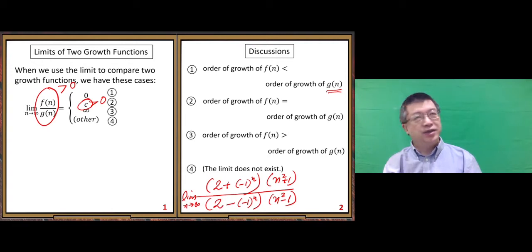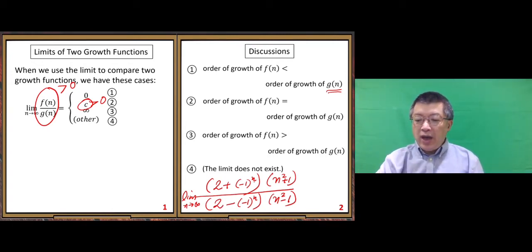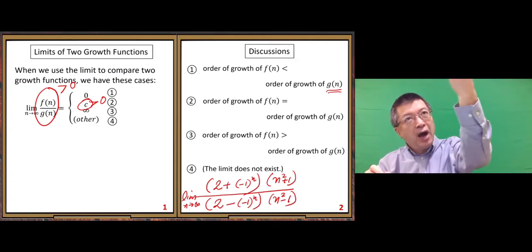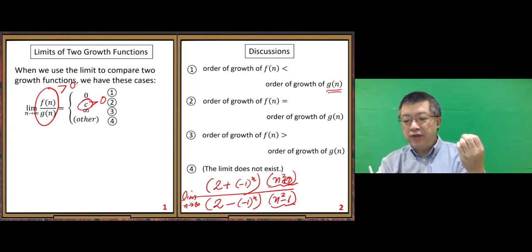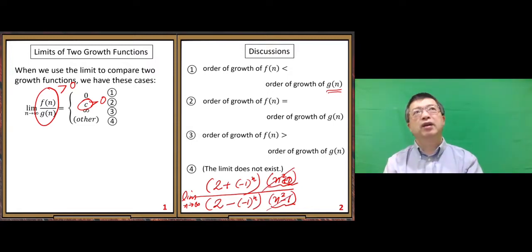The limit does not exist. Yeah, because think about when n equals even and odd, right? Because these two, plus minus, the difference is very small. They are pretty much canceled, all right?